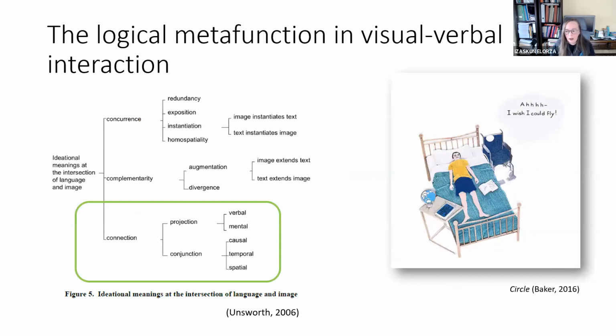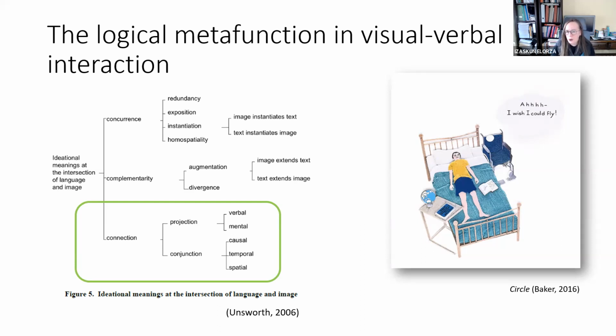So as I said that I was going to talk about ideational meaning, this also includes, of course, the logical metafunction, not just the experiential one. And we can also see how this is involved in picture books, or in visual-verbal texts.